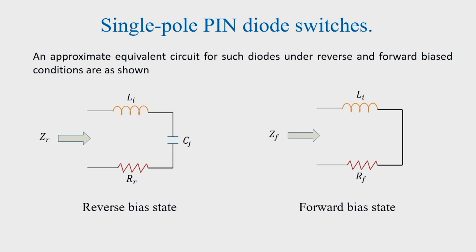Now, since this device offers high impedance in the reverse bias state and low impedance in the forward bias state, therefore, this device can be used as a switch and the impedance of the device can be controlled by changing the bias of the device, and therefore, switching action can be obtained.